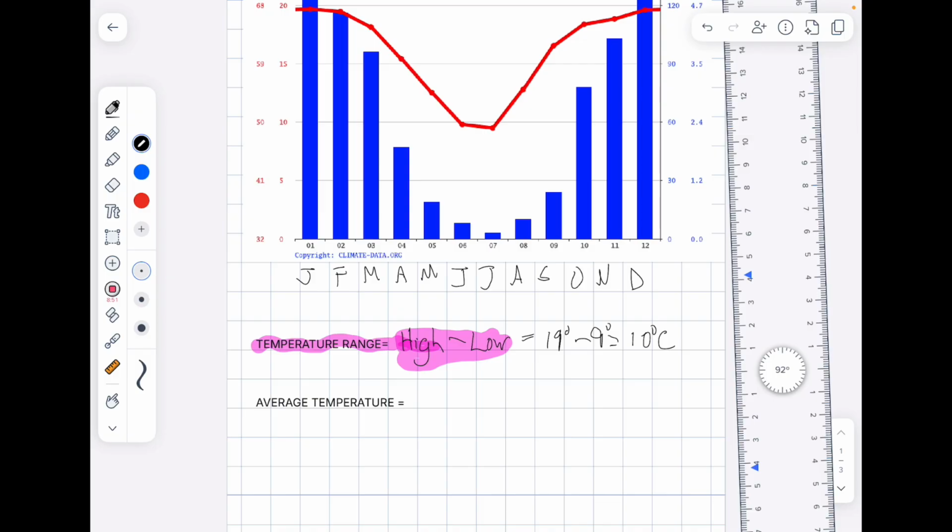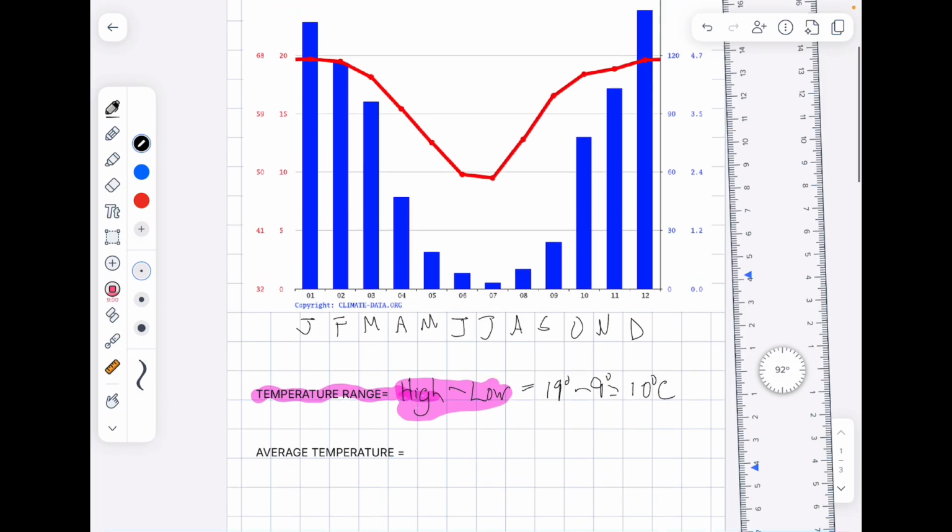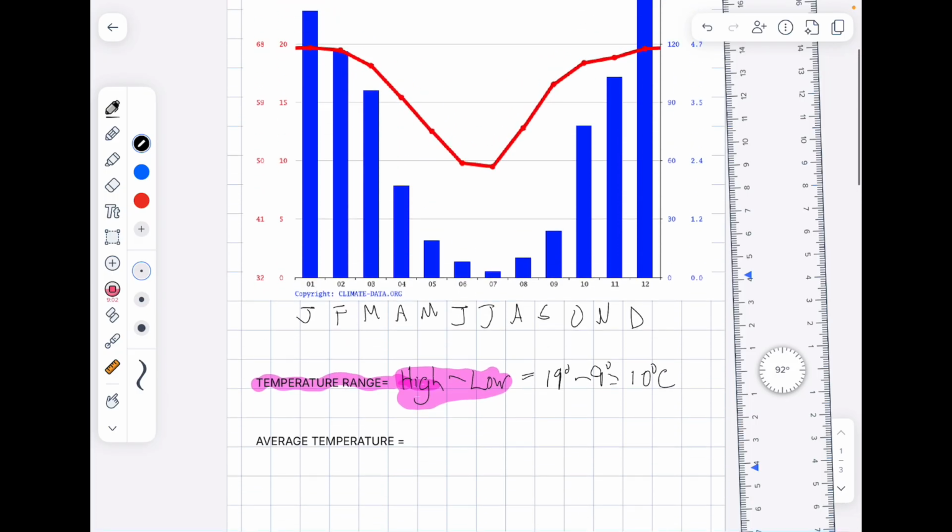Okay. Now if we're going to look at average temperature, what we do there is we take the different things that we're adding together and we divide by 2.